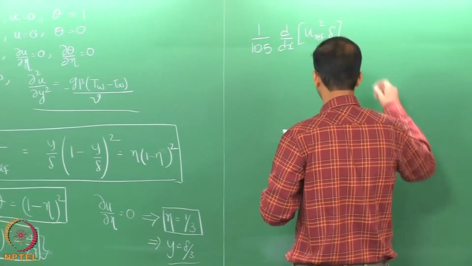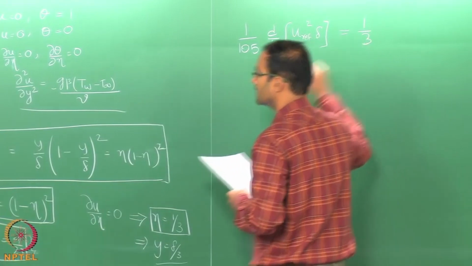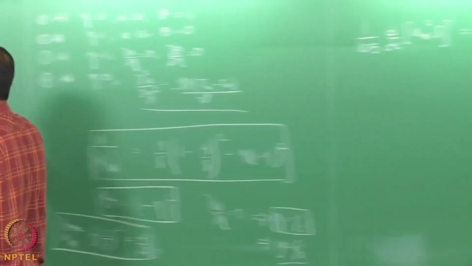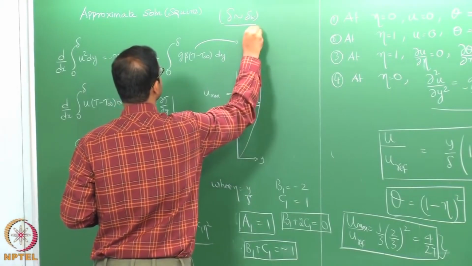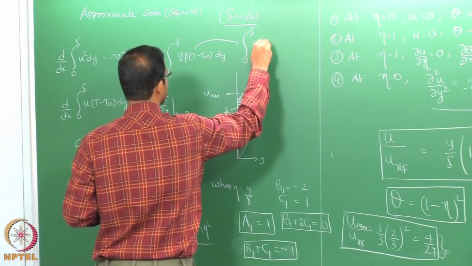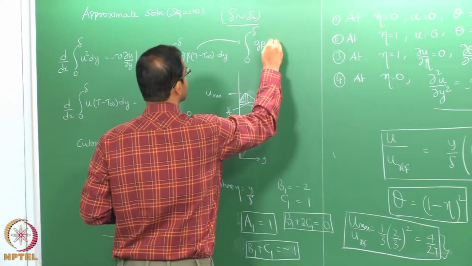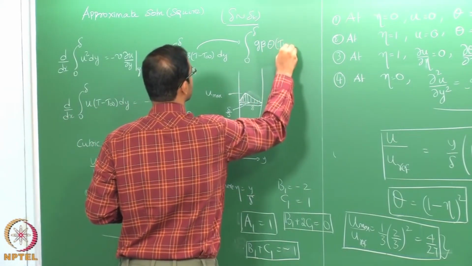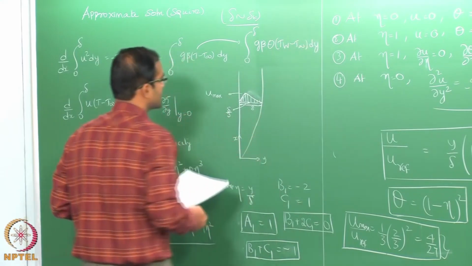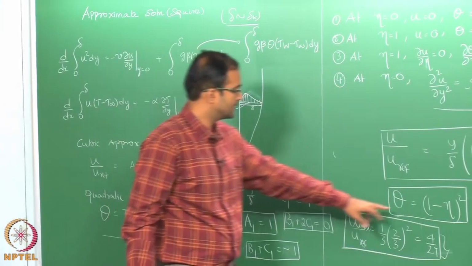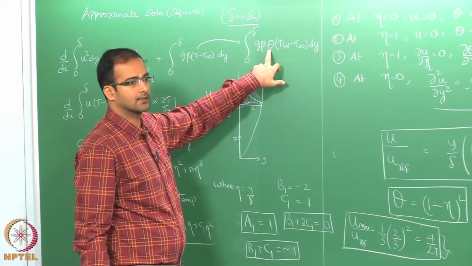Similarly, on the right hand side, if you substitute for your temperature profile, this will be integral 0 to delta g beta into theta into t wall minus t infinity dy, and you can substitute the profile for theta as 1 minus eta the whole square and integrate it.